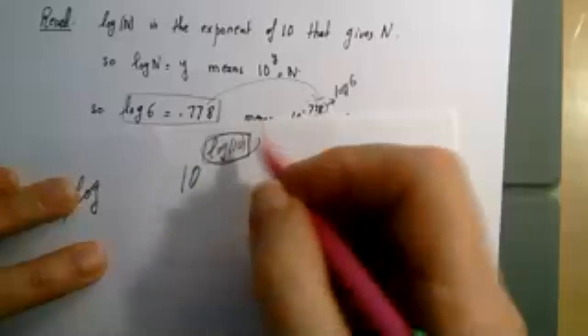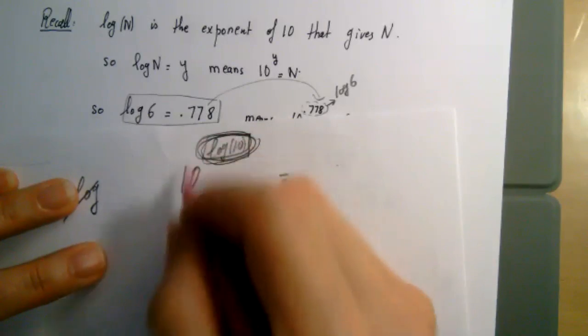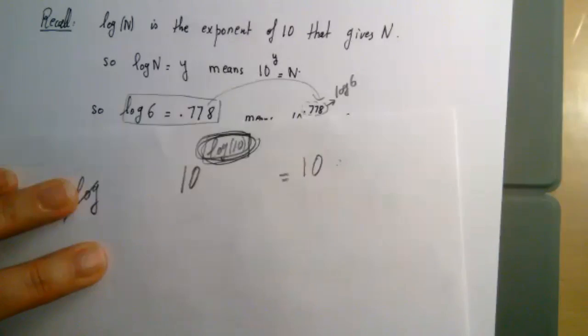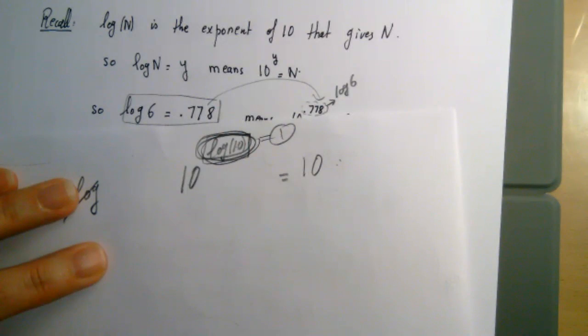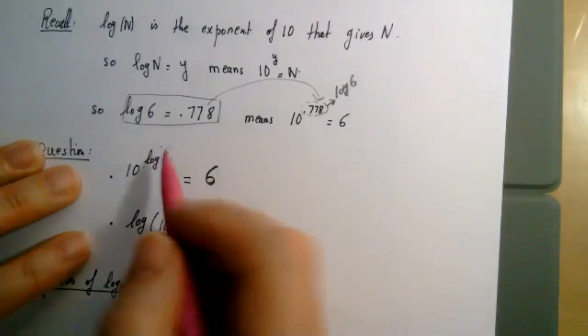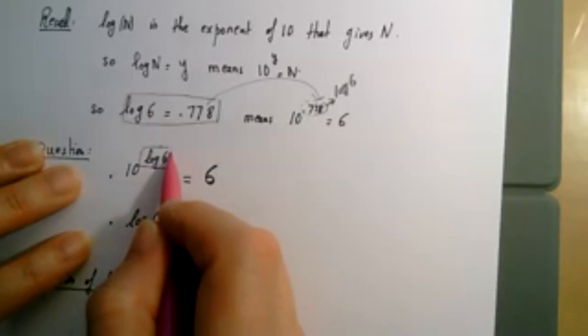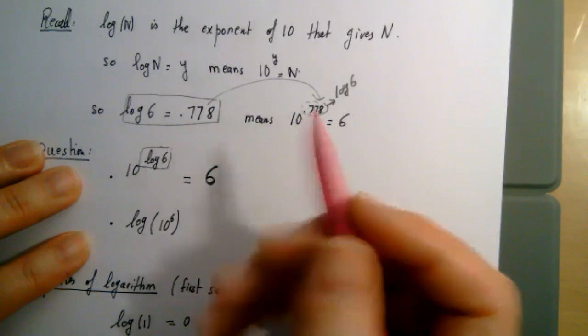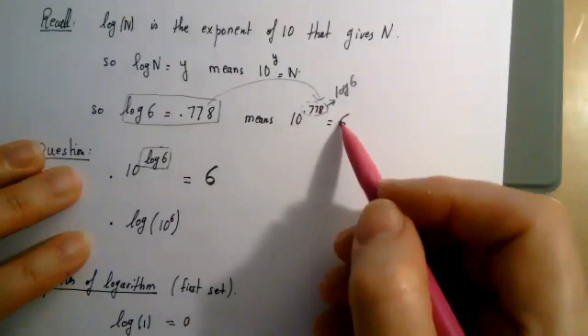So log 10 is what should I put here to get 10? So 10 to the log 10 is going to give me my 10 back, because log 10 is 1 itself. That's the power here that gives me 10. So the definition of the log: what's the log 6? It's 0.778. Where is the 0.778 coming from? It's what I should put here to get my 6 back.